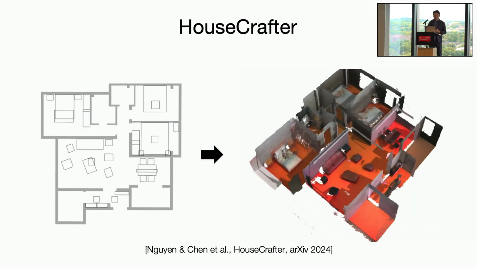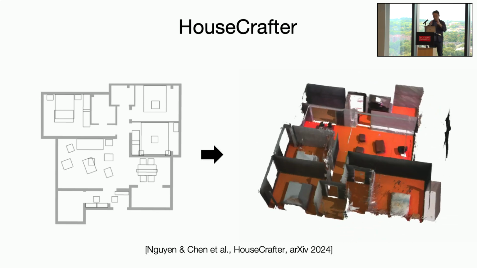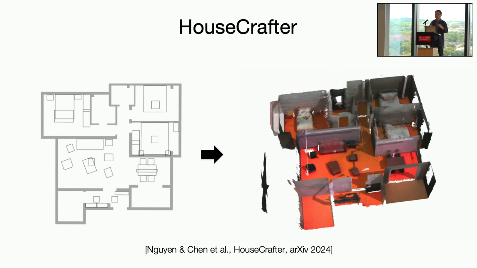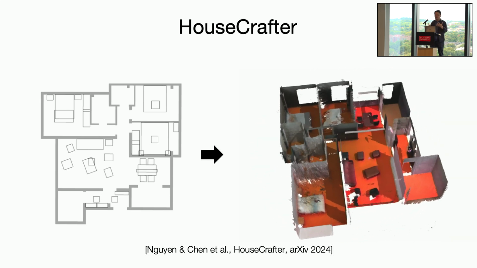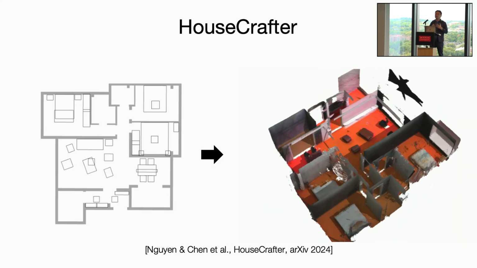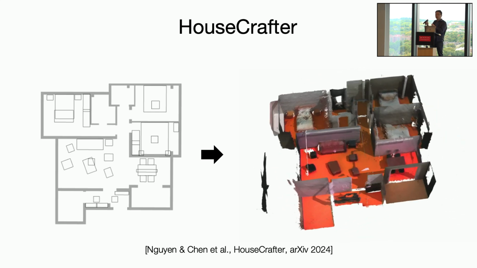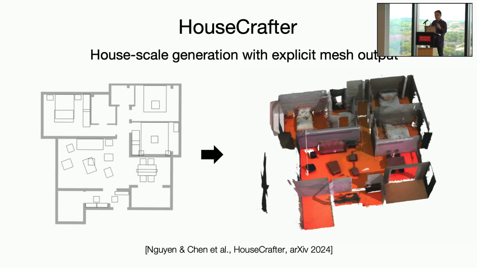So these are some existing works. What we're doing is we start from a floor plan similar to the 2D layout, but this floor plan is about the entire scene, the entire apartment. And with the help of 2D diffusion models or generative models, we can reconstruct or generate the entire scene in 3D. So our work is about house-scale generation. There may be multiple rooms, right?